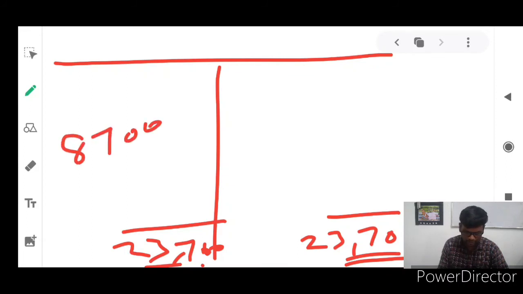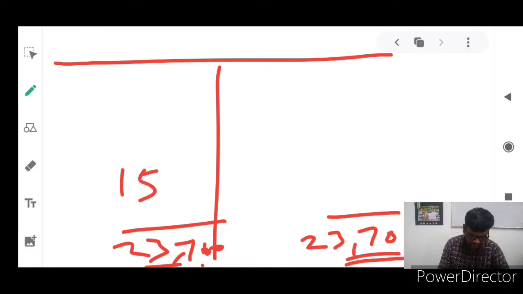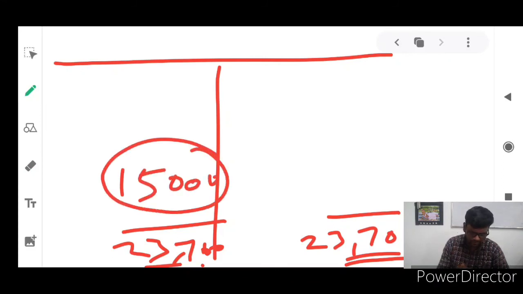So now we subtract 8,700 from 23,700, and we get 15,000. So 15,000 is the balancing figure, which will be entered on the debit side of the revaluation account. Anyway, the credit side is in excess, so the 15,000 on the debit side is called revaluation profit.